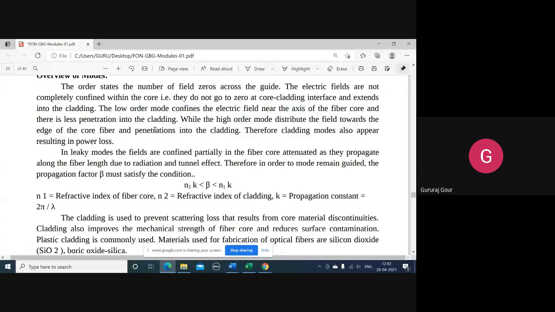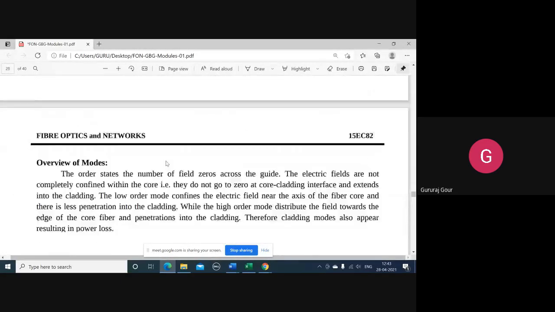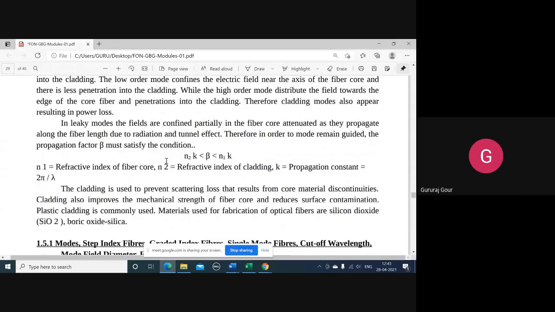It goes on decreasing from the center or fiber axis to the wall of the core. This is the nature of existence of the lower order modes, HE11 or TE01. Higher order modes will normally exist at the edge of the core. Therefore, cladding modes result in power loss.